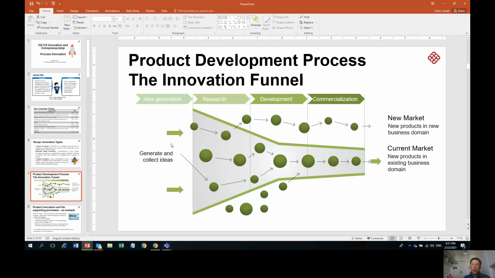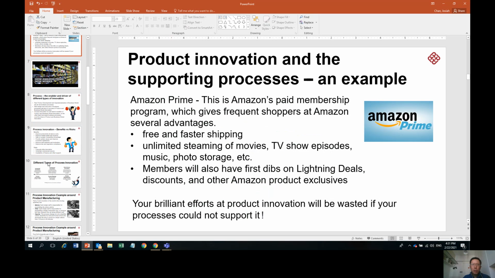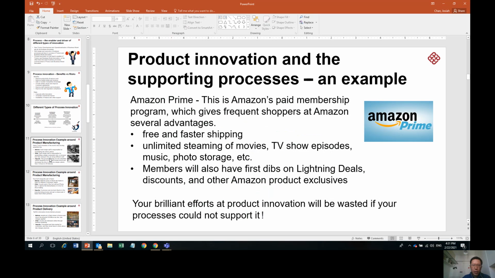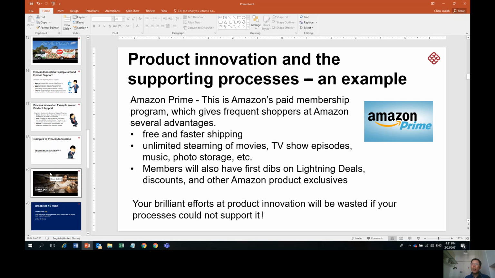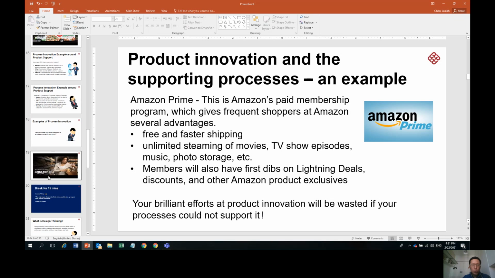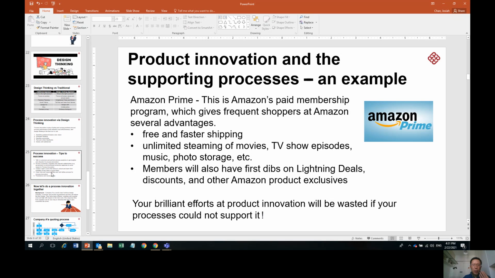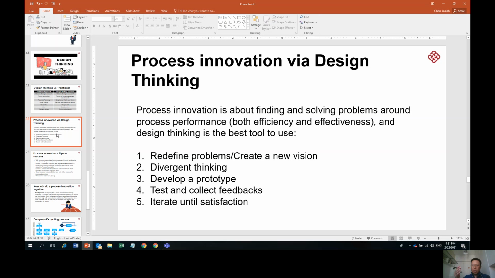The most important thing at this stage is to generate as many ideas as possible. Don't limit your thinking, don't constrain yourself. Even though the idea seems crazy, even though the idea seems impossible, try to think of all that, and then create a list of all those ideas that you have captured.